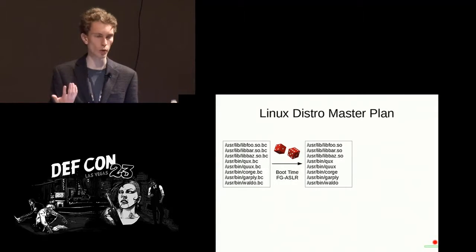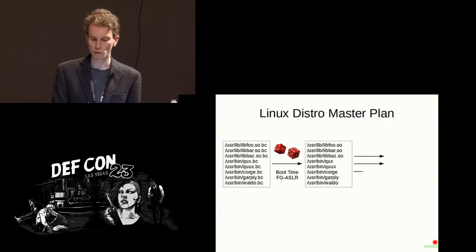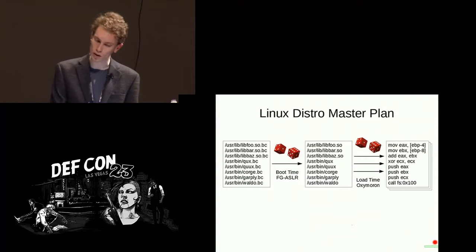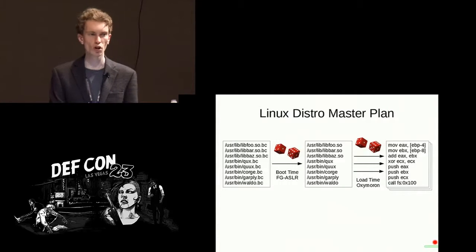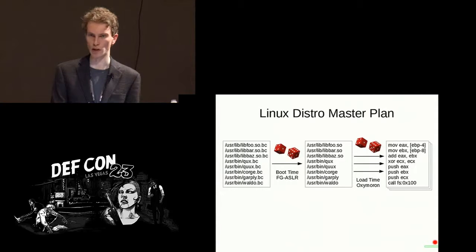And so we can actually generate the final versions of the libraries and executables that we're using at boot time. And then we can further take advantage of a trick like Oxymoron to break them apart into 4 kilobyte pages and impose an additional, not quite as strong, but still valuable fine-grained randomization without imposing the gigantic memory costs that ordinary fine-grained ASLR does.